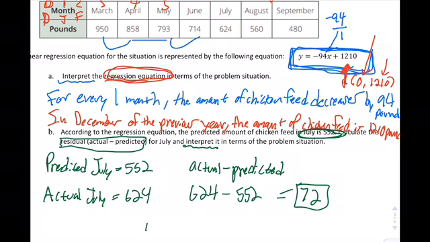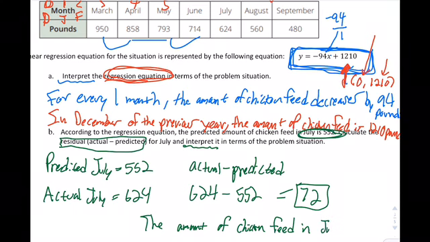It means that the amount of chicken feed in July is actually 72 pounds more than predicted.